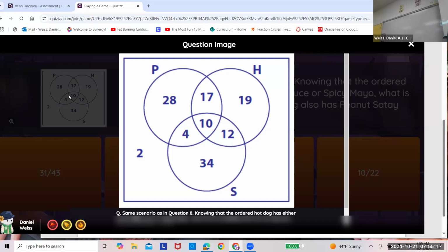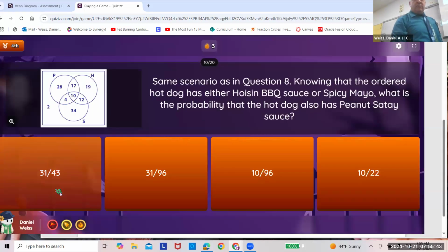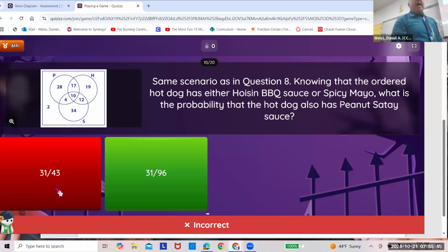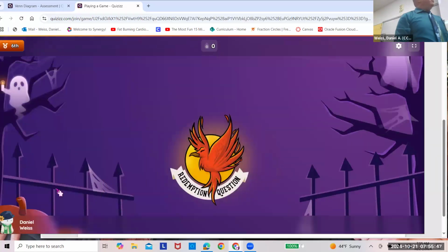If it has this one or this one, to also have this one would be here, because it's in this circle that also has another one, is going to be here, here, and here. Does that make sense? Okay. So 27 plus 4 is going to be 31. Sorry, I hit the wrong 31.